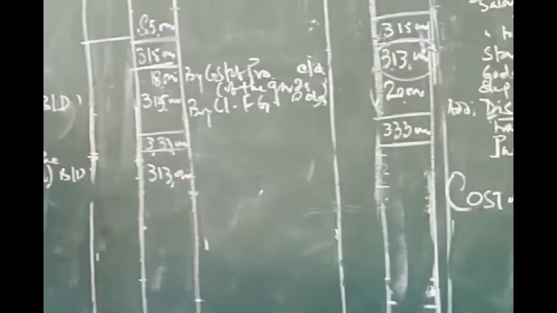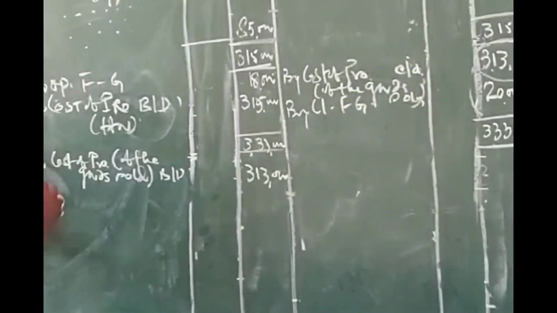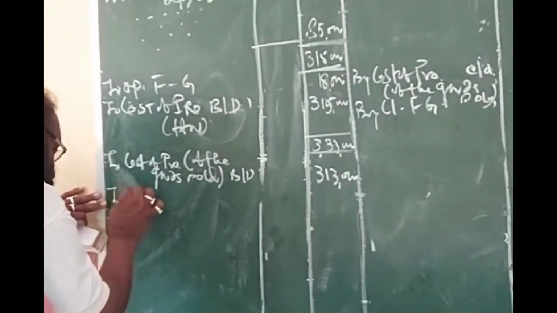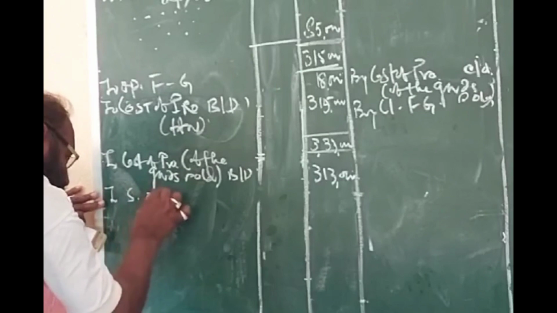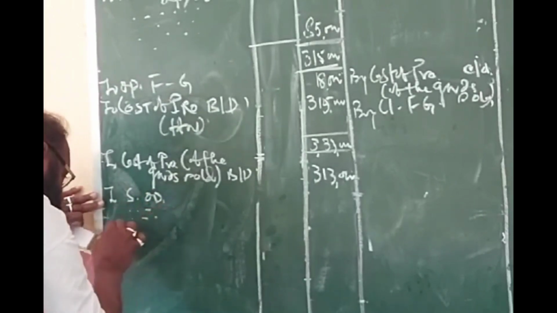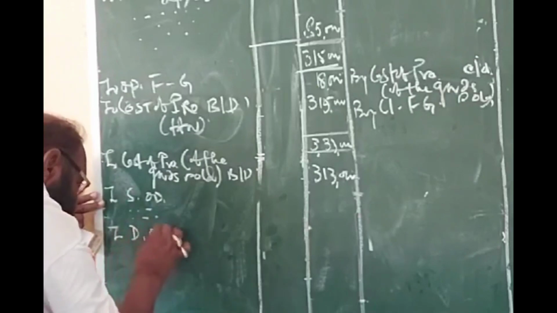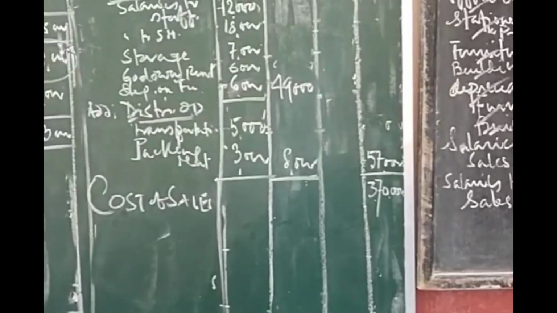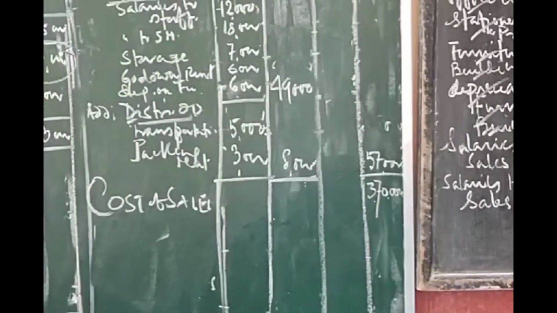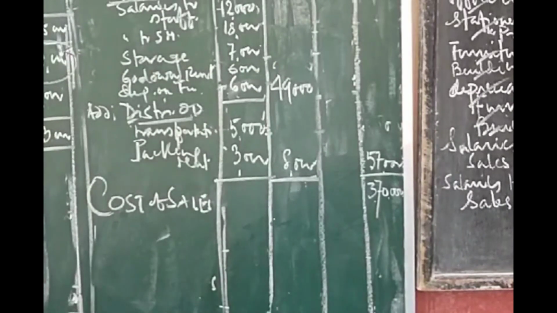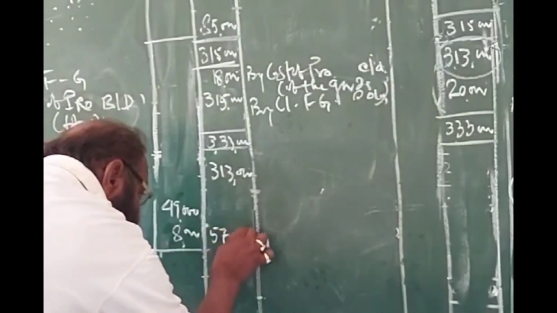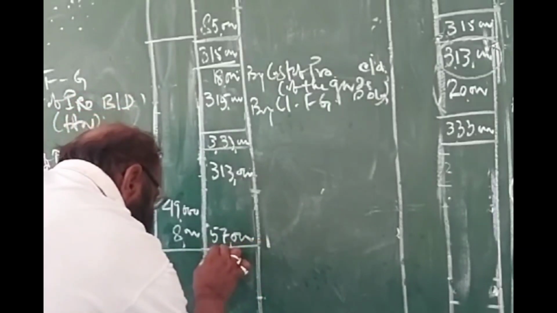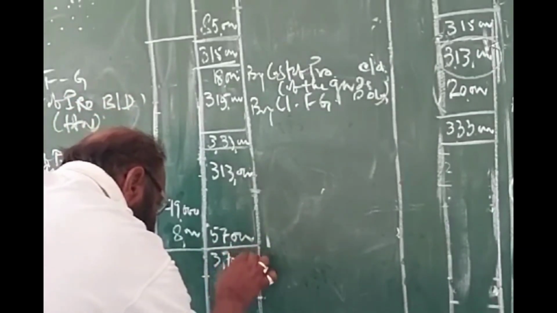See that? Now this should be considered over here: selling overhead, how much am I writing in gross? 49,000. And distribution expenses 8,000. It is 57,000. So the total is 3,70,000.